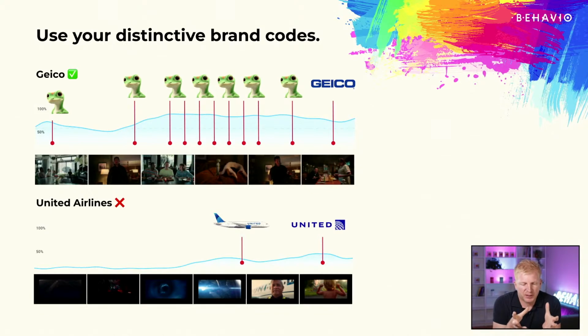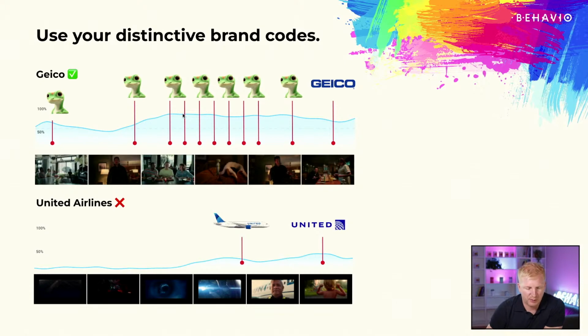But this ad basically was this creature talking with our people, so it hardly left the screen. And as you can see, it's pretty cool how good they are in the brand recall throughout the whole ad. Sometimes it's even 80% or more.